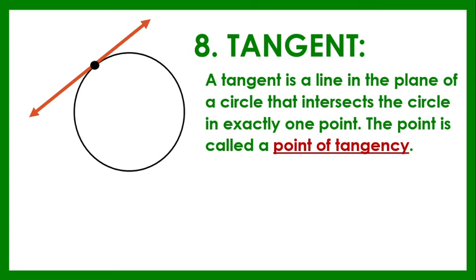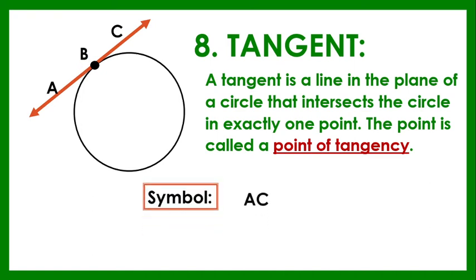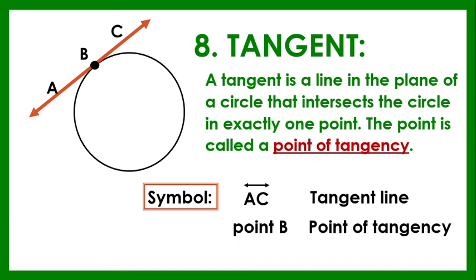That is what we call point of tangency, the intersection between a line and a circle. Suppose we have point A and point C. The tangent line is what we call line AC. And point B is what we call point of tangency.